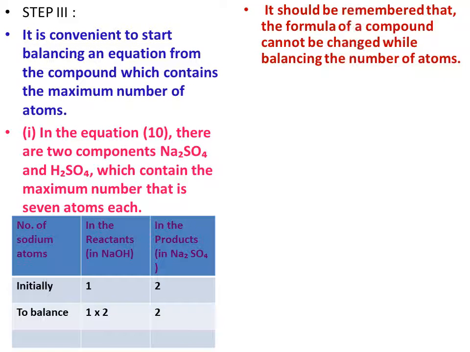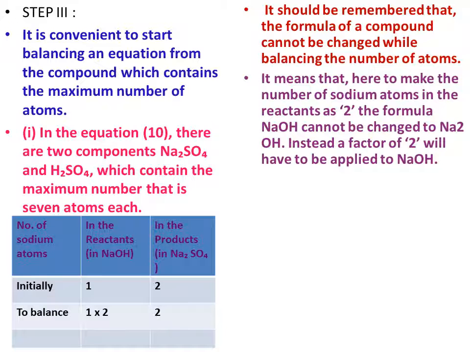So this is balanced. It should be remembered that the formula of a compound cannot be changed while balancing the number of atoms. It means that to make the number of sodium atoms in the reactants 2, the formula NaOH cannot be changed to Na2OH.